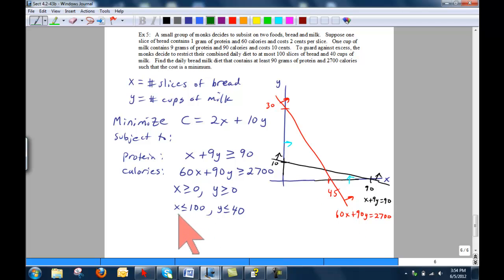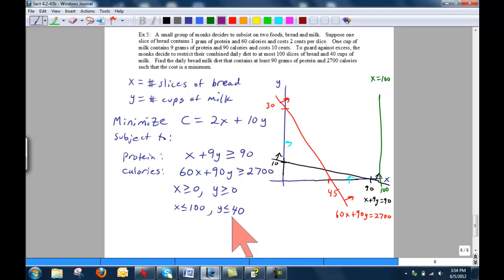And now let's go here, x less than or equal to 100. Okay, if I graph the associated line x equals 100, that's actually a vertical line. So here out at x equals 100 is the vertical line x equals 100.